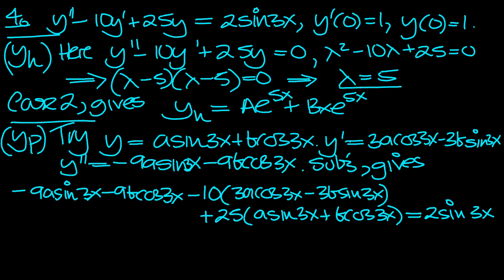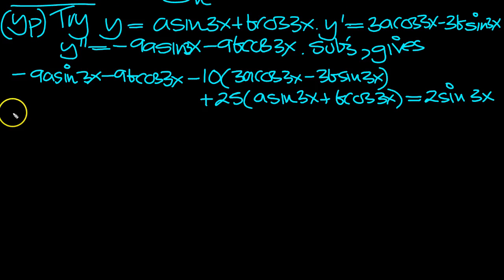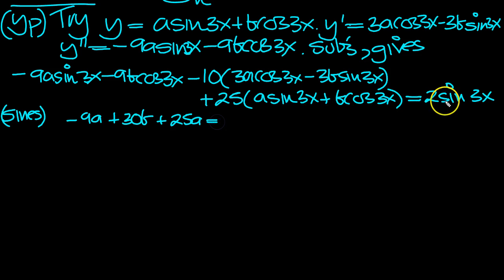So we need to equate sines and cosines and to work out a and b for yp here. So let's do the sines and see what we get. This thing here, minus 9a, and then this thing here, so that's minus times minus, plus 30b, and then the other term is plus 25a, is equal to, how many sines on this side is 2, so what does that tell us?